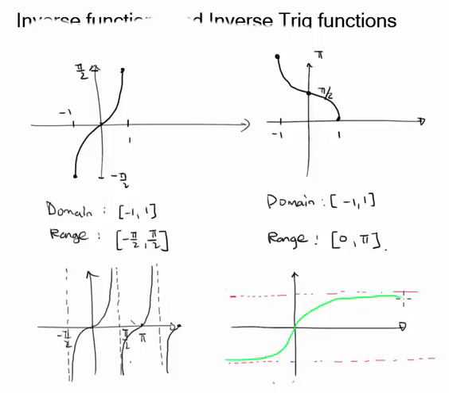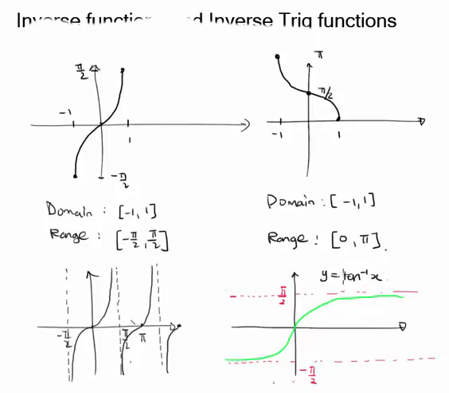And that's the look of the inverse tan function. This branch corresponds to that branch right there. That's pi on 2. This is negative pi on 2.